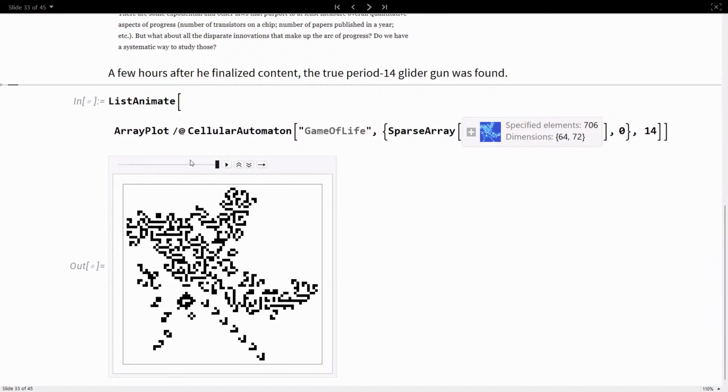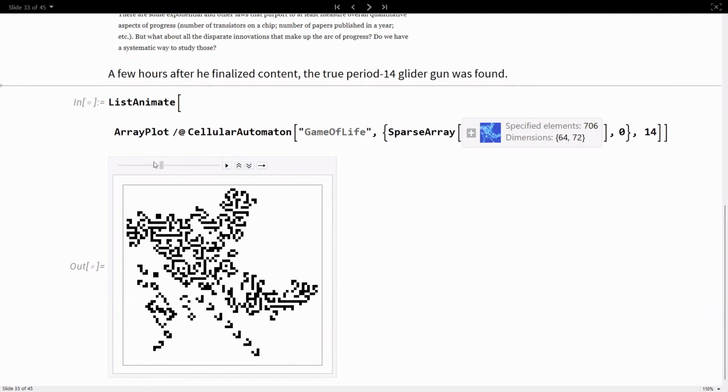He mentions in the article that the longest known true period glider gun has period 15. And right after he finished the whole thing, was ready to publish, they found a period 14 glider gun. So there's still a lot of very active research within the game of life. This was just found earlier this week.